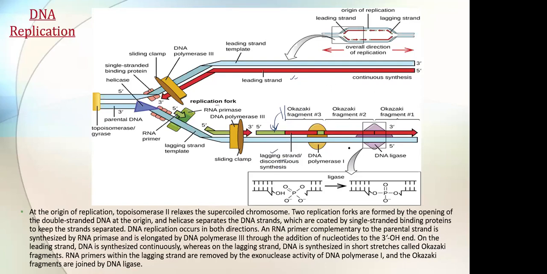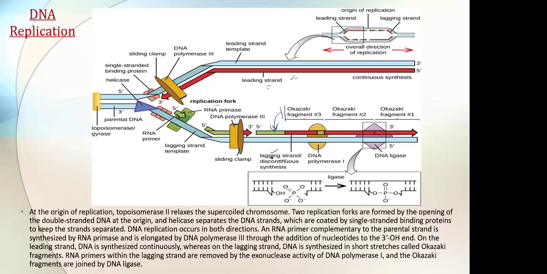So DNA replication in one strand goes continuous, and that strand is called the leading strand. In the other strand, it is discontinuous. It makes multiple small Okazaki fragments, and at the end, DNA ligase connects all the small fragments together.